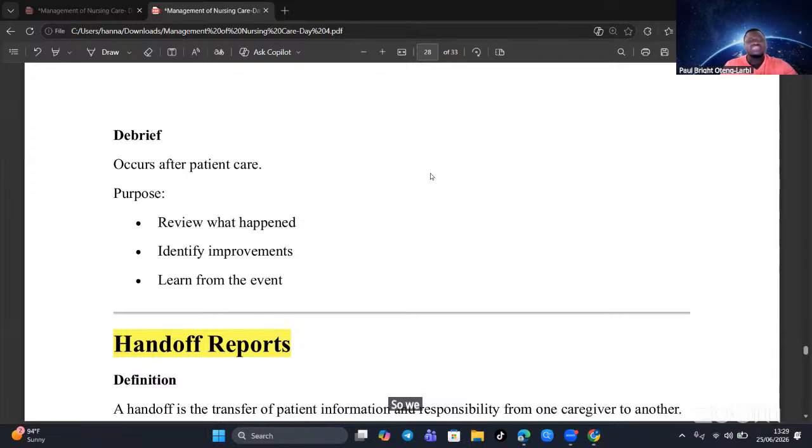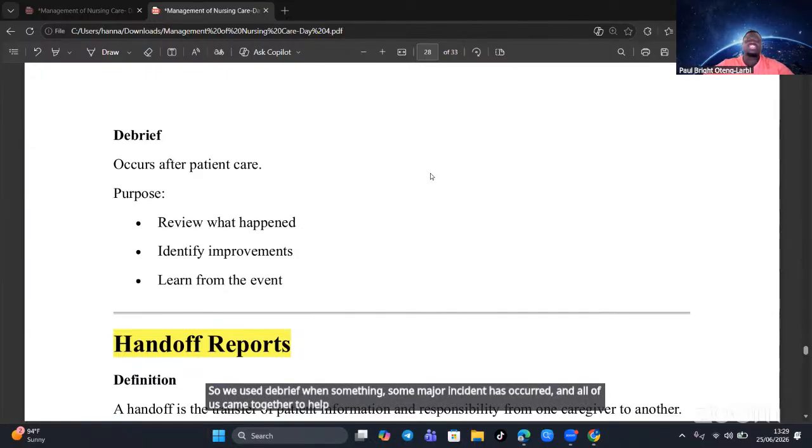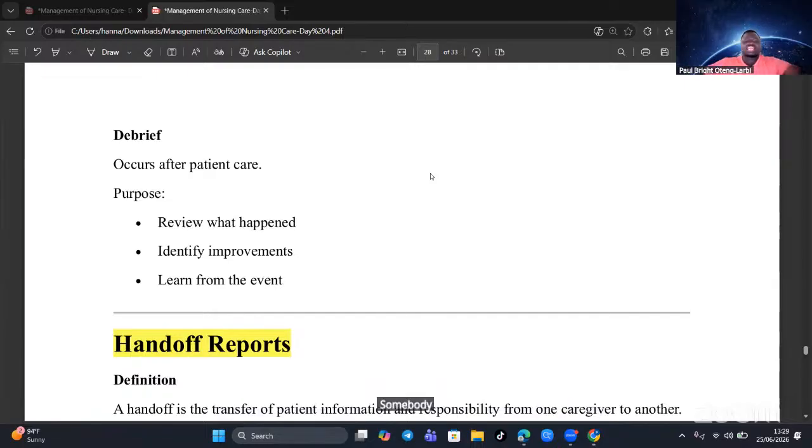We use debrief when some major incident has occurred and all of us came together to help solve it. Somebody has had a cardiac arrest. We all stopped whatever we were doing and came to help revive the patient, whether he survived or he didn't. We do debriefing. When we were working on the patient, what happened? You spoke to me, I wasn't happy with it.